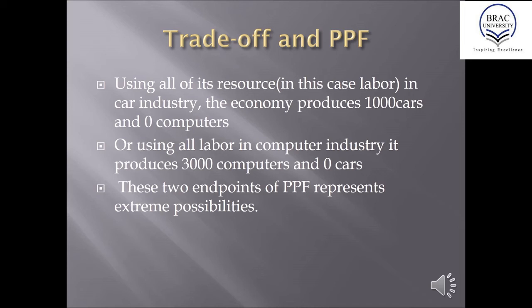Using all its resources in the car industry, the economy produces 1000 cars and 0 computers. Or using all labor in the computer industry, it produces 3000 computers and 0 cars. And these are, like before, the two endpoints of the PPF, which represent extreme possibilities.